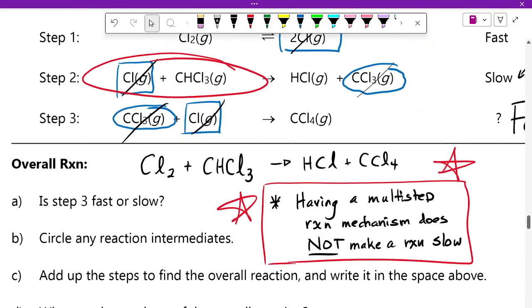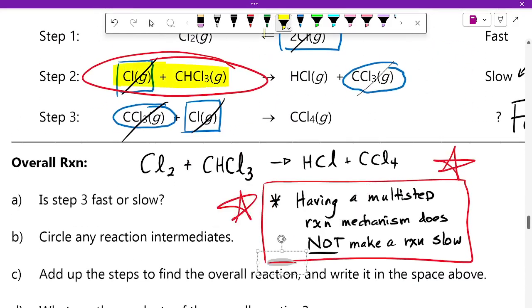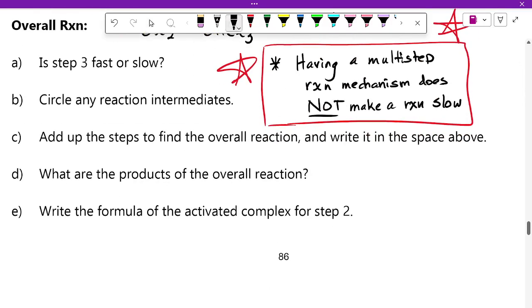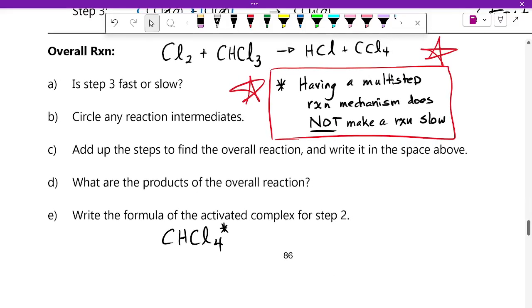Just take your 2 things in step 2, which is 1 carbon, 1 hydrogen, and 4 chlorines, and then put a star on it so it's an activated complex. But like I said, chances of you having to do that are very low.